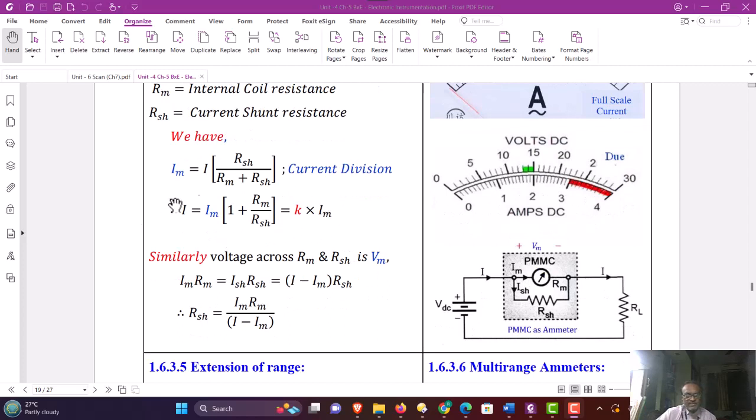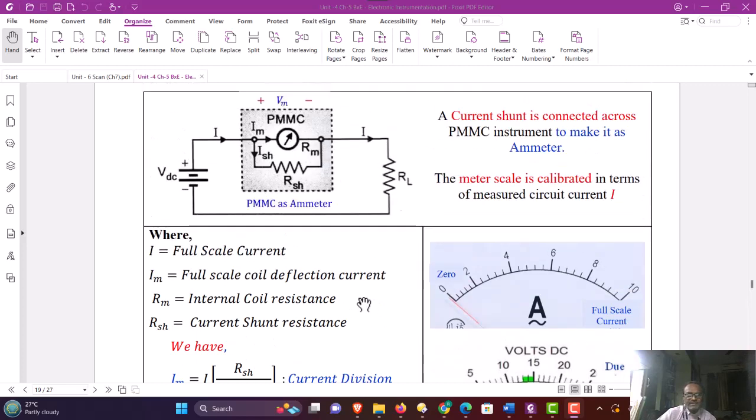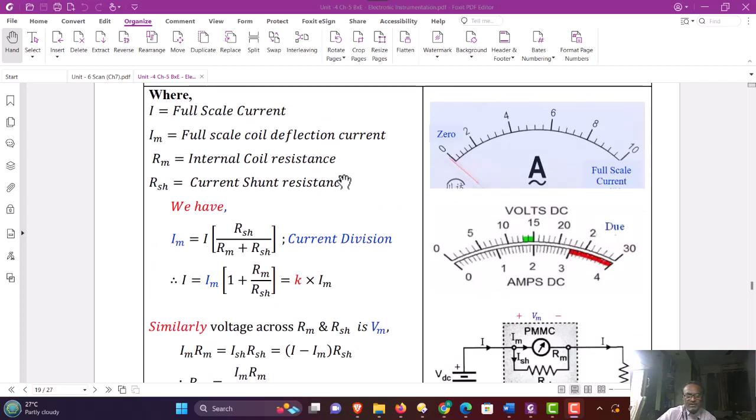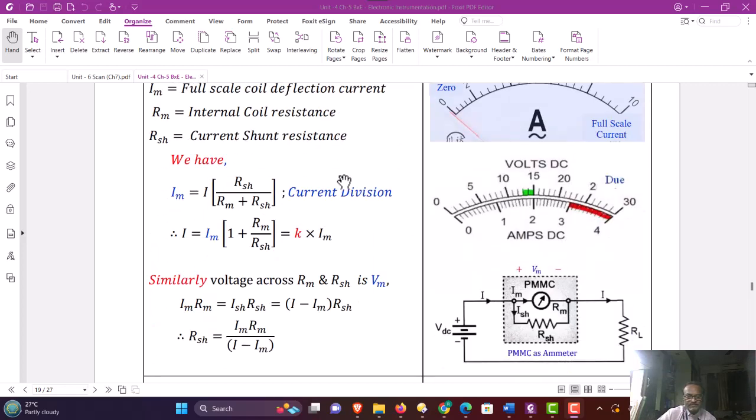From the expression of I we have derived, let us see the voltage across RSH and the PMMC instrument resistance Rm, that is the parallel combination, and voltage is denoted by Vm across it. But Vm is Im into Rm and that is same as ISH into RSH.